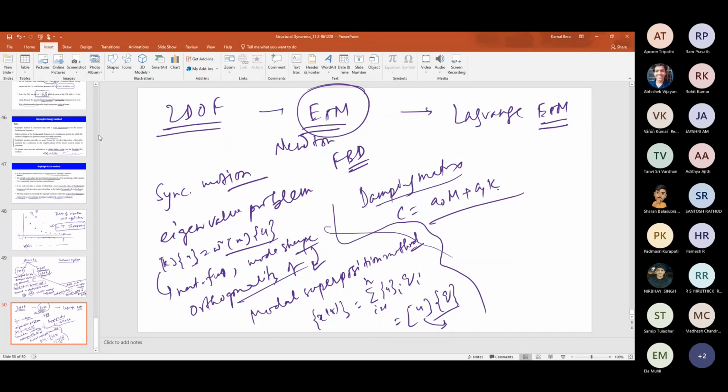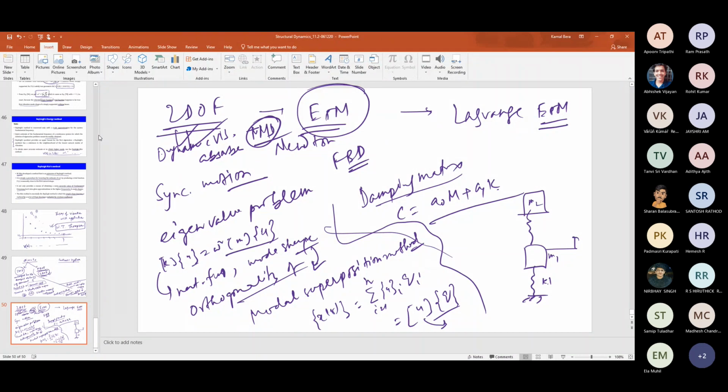Then in the two degree of freedom system, one important thing we discussed is the tuned mass damper or dynamic vibration absorber. In the civil engineering community, it is popularly known as the tuned mass damper, right? Remember, one primary mass, K1 M1, subject to harmonic loading, and then I am attaching a small absorber mass.